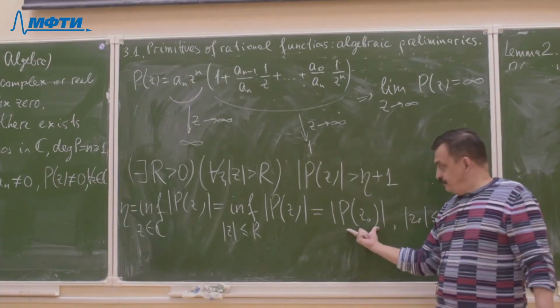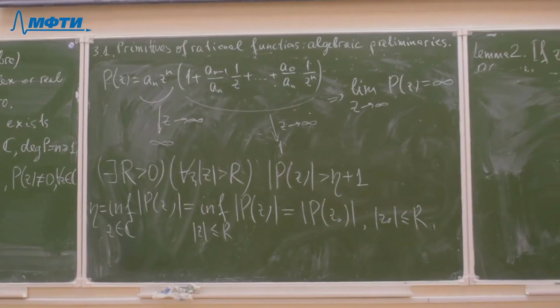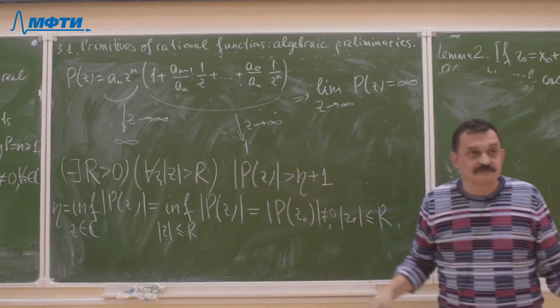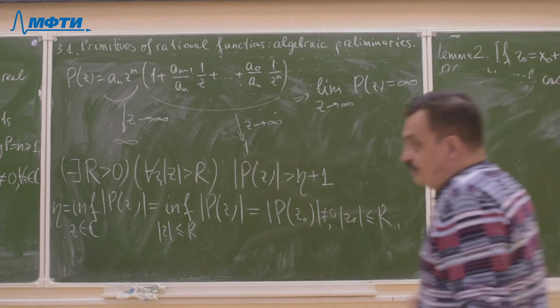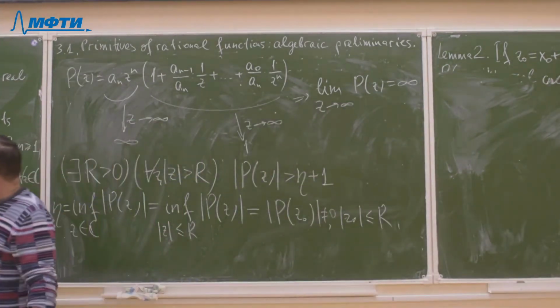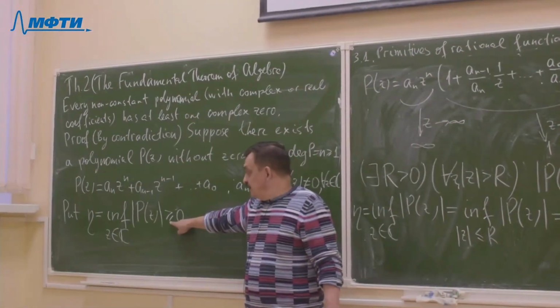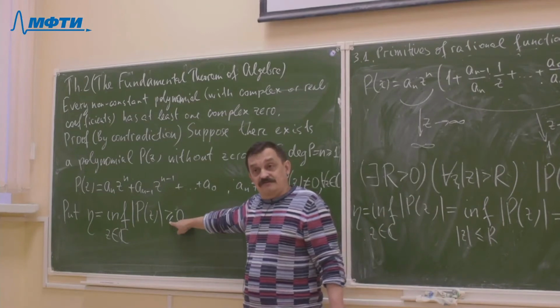Okay, modulus p of z naught is attained, and then look, that is not zero, we know, right? Because the polynomial is never zero, we supposed from the beginning. And remember eta, we could not exclude eta equals 0 from the beginning, right?